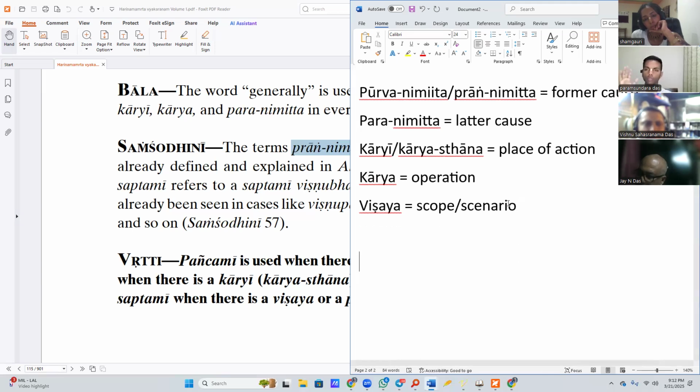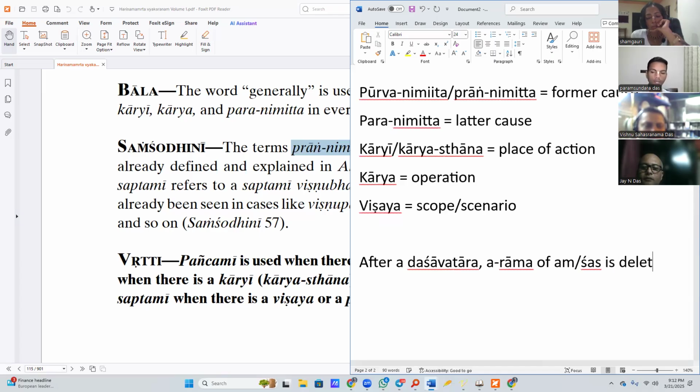If you remember the sutra, it meant that after a Dashavatara, the arama of am or shas is deleted.